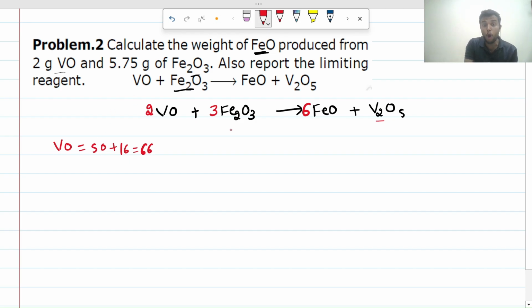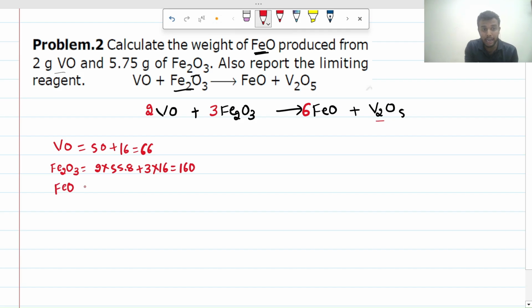Again, let's calculate all the molecular weights, my dear students, the useful ones. Then let's move to the molecular weight of Fe2O3. Here Fe2O3: iron molecular weight, how much? Iron atomic weight is 55.8, times 2, plus oxygen. Here we have 3 atoms of oxygen with 16 as the atomic weight. If you calculate this, you will get 160. Again, we require FeO. It is very important.